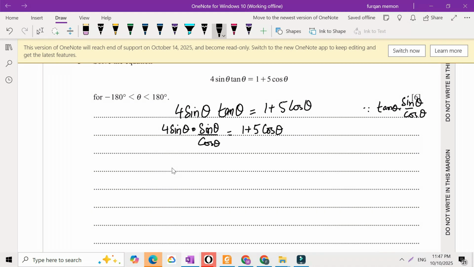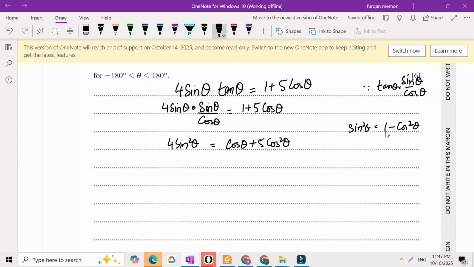Solving further, it will be 4 sine square theta equals cos theta plus 5 cos square theta, once we switch cos to the right side. And sine square theta is equal to 1 minus cos square theta.